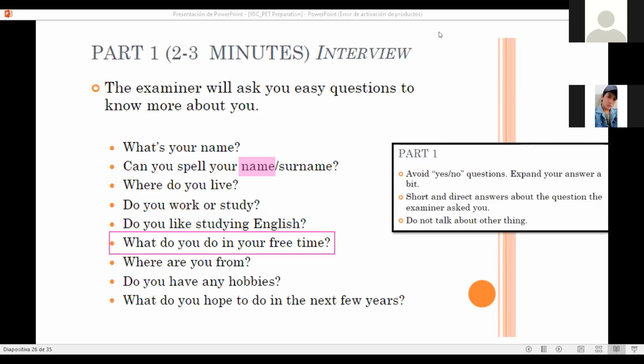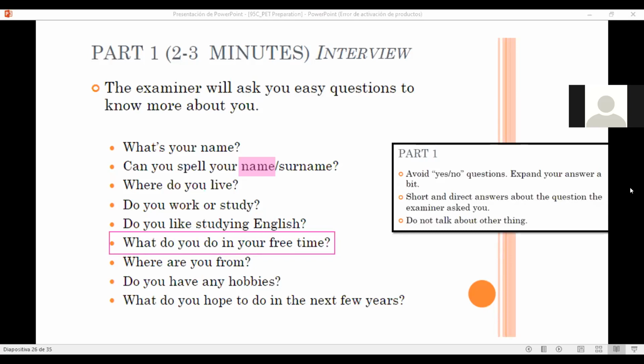Or sometimes I like to go for a walk with my pet. Okay, perfect. That's a good answer. Esa es una muy buena respuesta. Try to enumerate some activities you usually do in your free time.